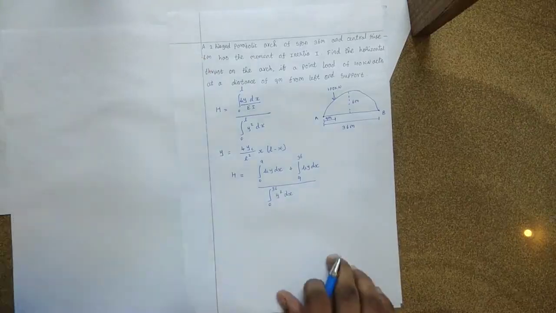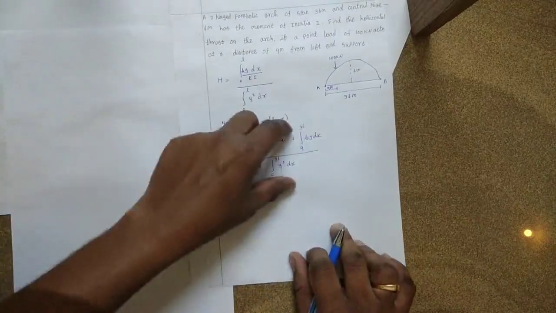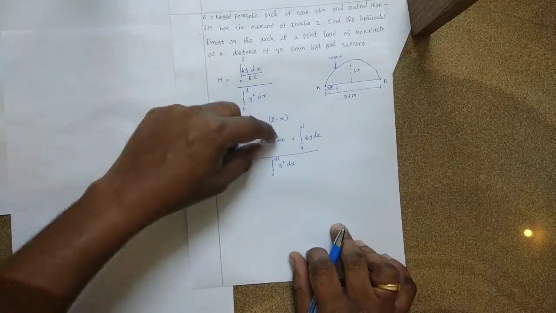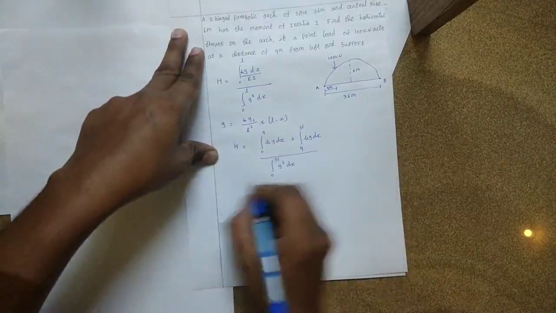We are going to find each separately, because we can find it in a total way, but it is easy to solve separately. So first we are going to calculate the reactions.